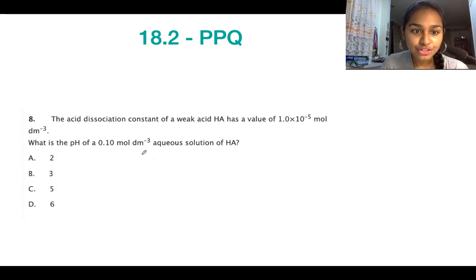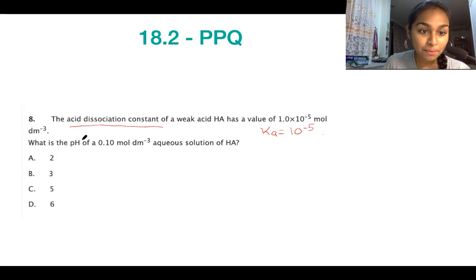So now you've got the value of Ka, so that's what the acid dissociation constant is. So Ka is effectively 10 to the power of minus 5, and you're being asked the pH of a 0.1 aqueous solution of HA.